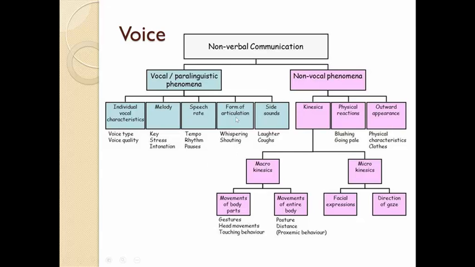Are you whispering or are you shouting? Laughing, coughing, ums, ahs, all of these are paralinguistic. And people can invoke power, for instance, whispering to make you come close, shouting to convey their power. So we see a lot of different pieces here.